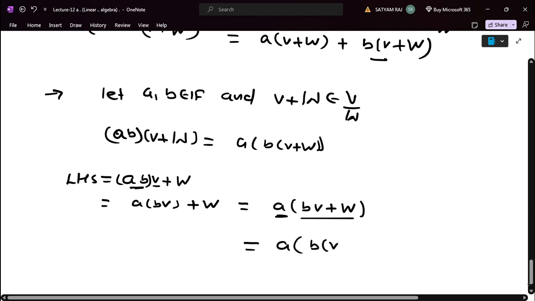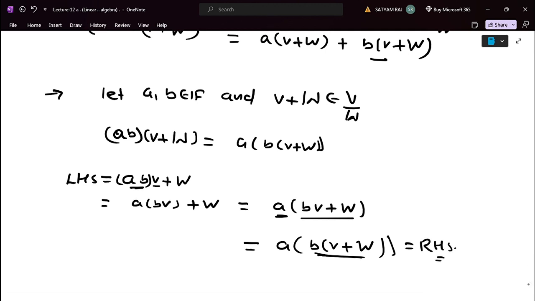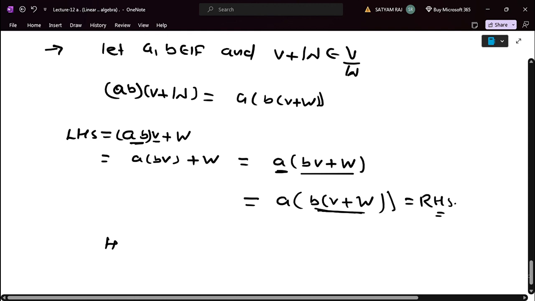This can also be written as a to b v plus w, again using the dot operation between these elements. So we get the RHS, and hence V by w is a vector space.